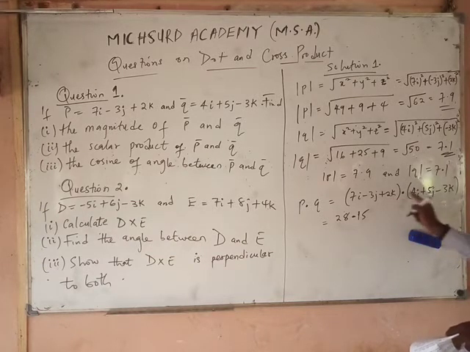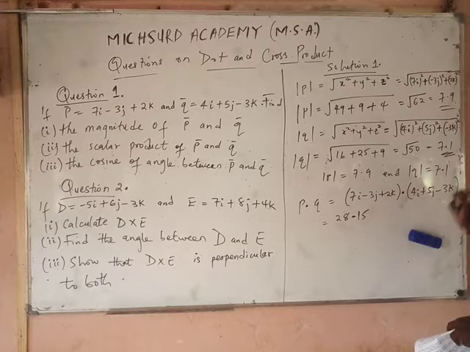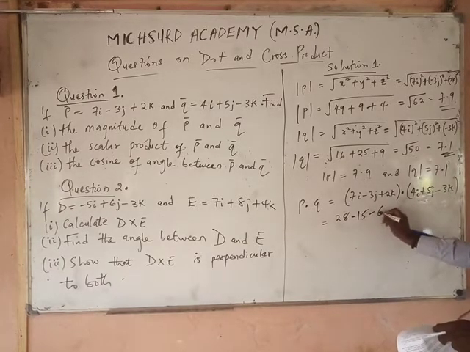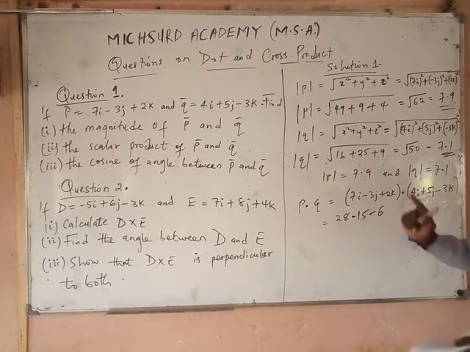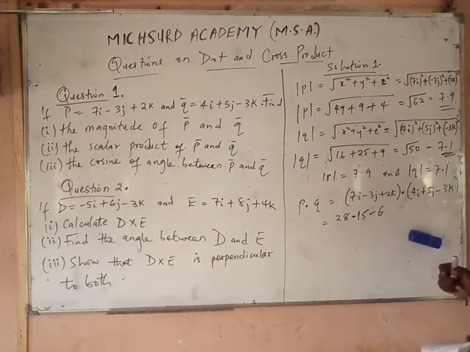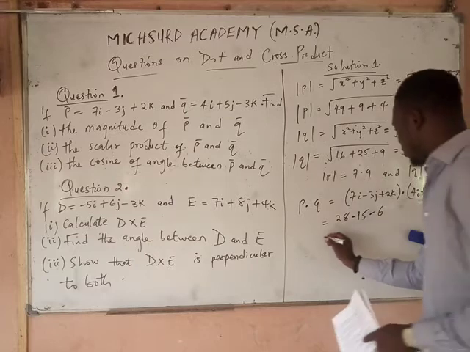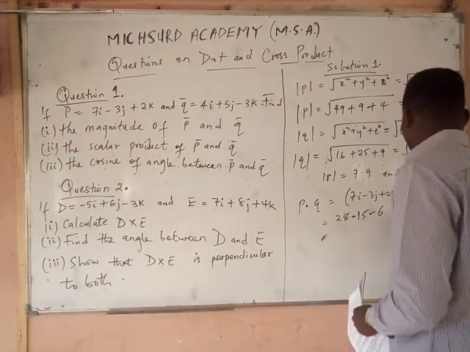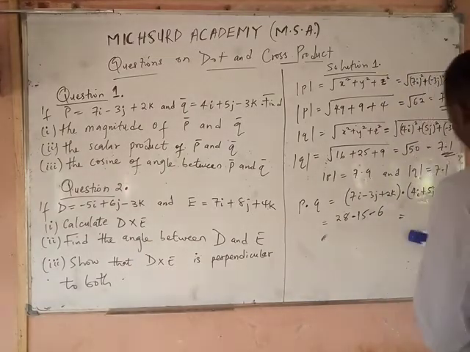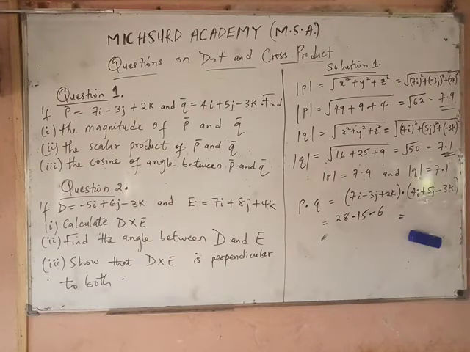So we have 2k multiplying minus 3k. So 2 times minus 3 will give us minus 6. k dot k is equal to 1. Alright, if you punch it in your calculator, 28 minus 15 minus 6 will be equal to 7.